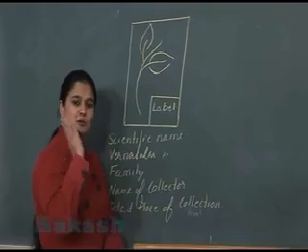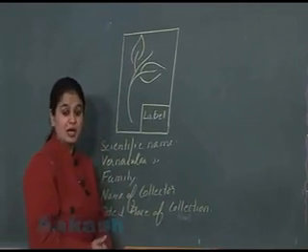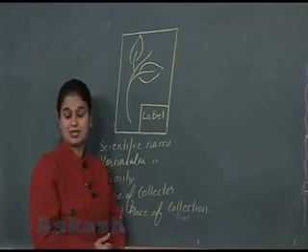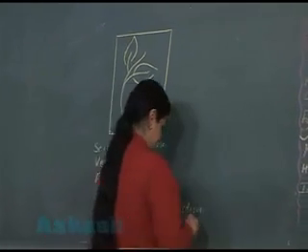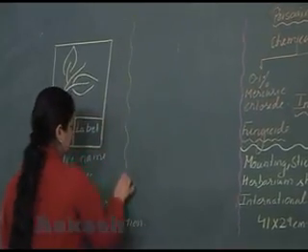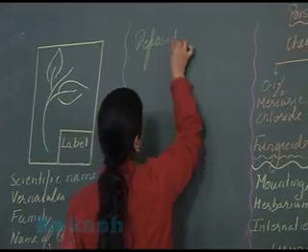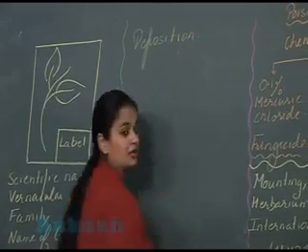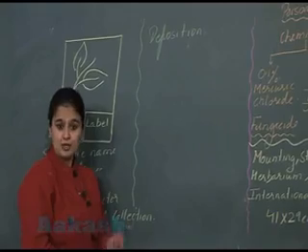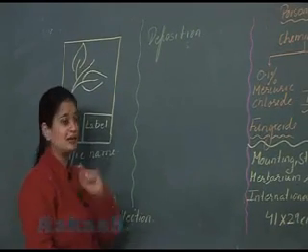Specimen is now totally ready. It is mounted over the herbarium sheet. Now the last step, now we are going to deposit this specimen, that is deposition. Last step is deposition. Now the dried pressed specimen is deposited in the herbarium where it is systematically arranged.